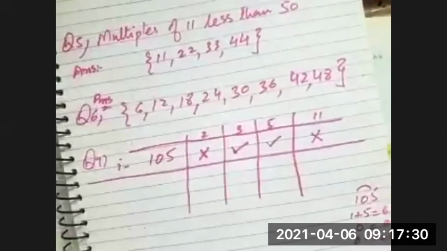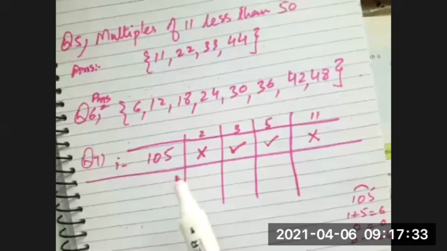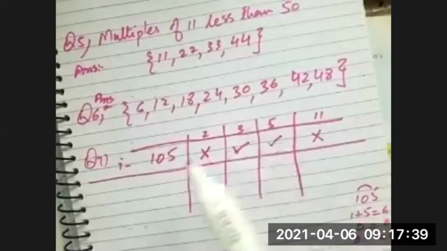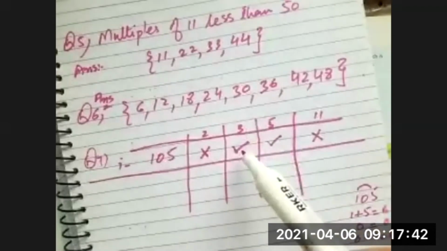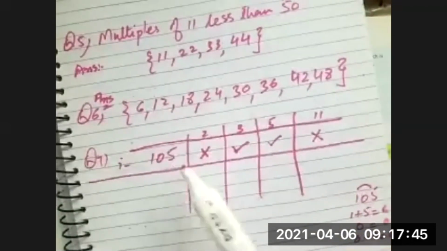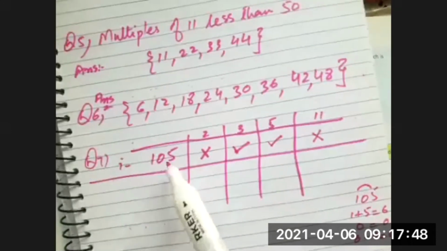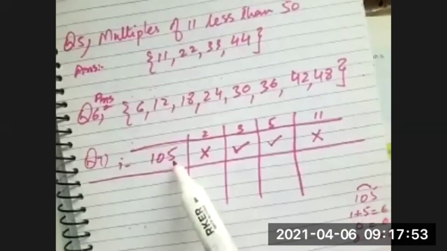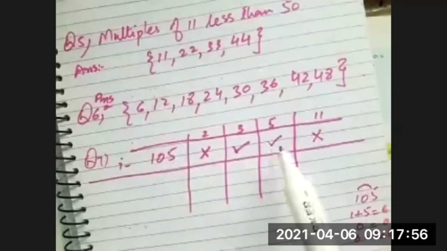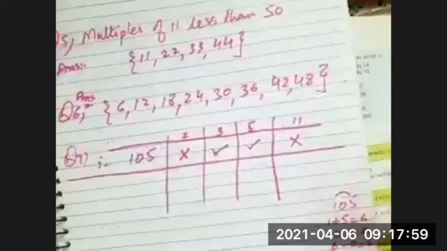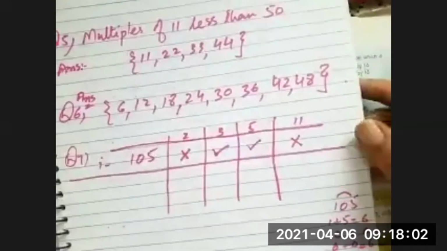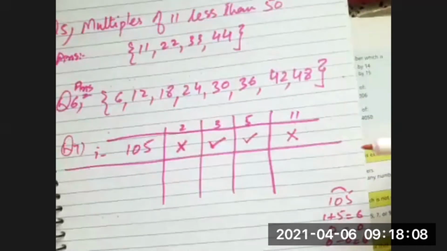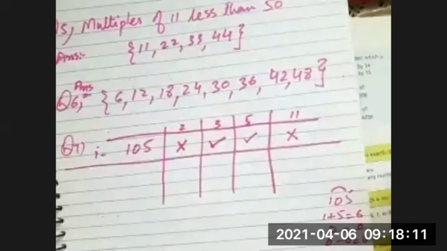in front of 105. So now you are not doing the actual division, but you can say 105 is not divisible by 2. 105 is divisible by 3 because the sum of digits is 6 and 6 is a multiple of 3. 105 is divisible by 5 because in the units place you have got 5. Now for the rule of 11, the difference of the sum of alternate digits should be 11 or 0, then the number is divisible by 11.